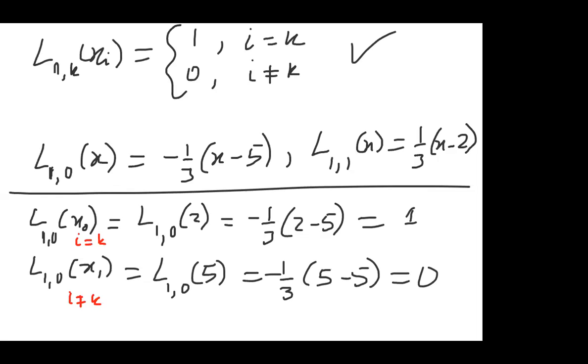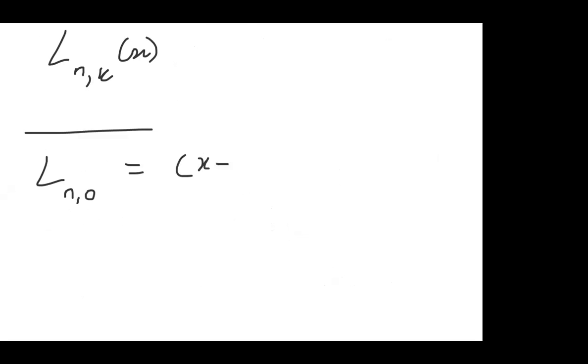Okay, now let us go back to L_nk(x). I need to construct L_nk(x), and after constructing this, I'll be able to find the interpolating polynomial. Now, you notice that in that previous example, when evaluating at k equal to 0, we are not including in the numerator the factor x minus x0; we are finding the product of those linear factors, so to speak.